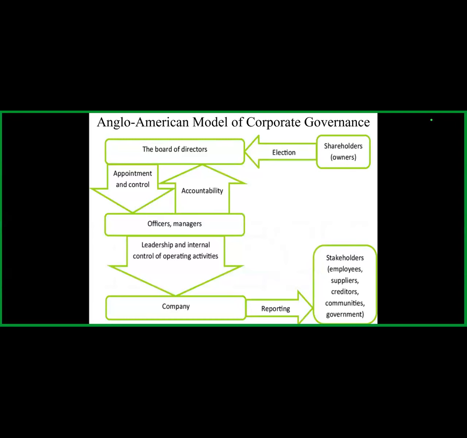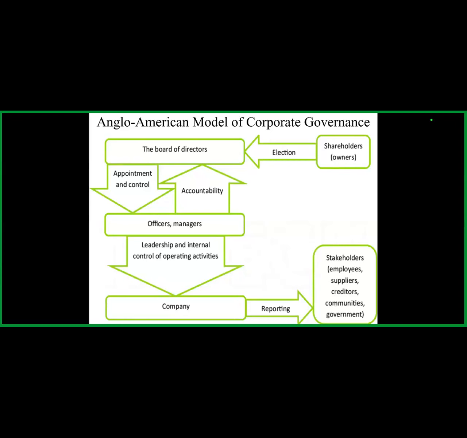So it is their responsibility that they should lead the team under them properly. And there has to be internal control. Internal control means that these officers and executives are given the responsibility to ensure that the employees are coming regularly to the office, performing their job in the expected 100% manner, and achieving their target.